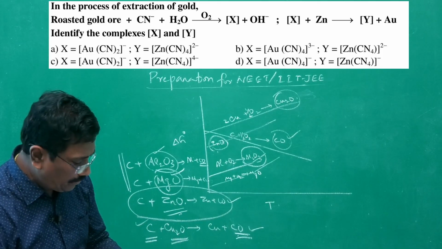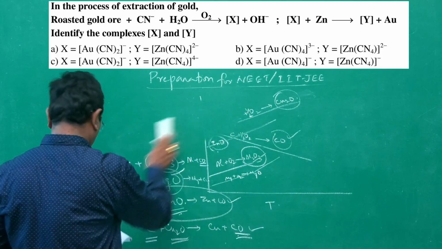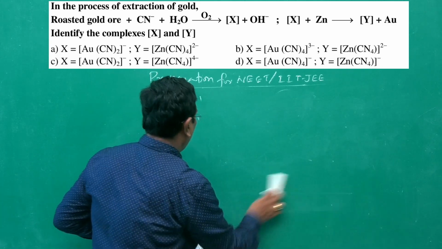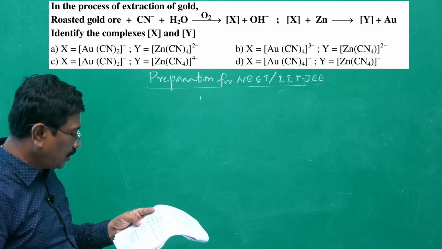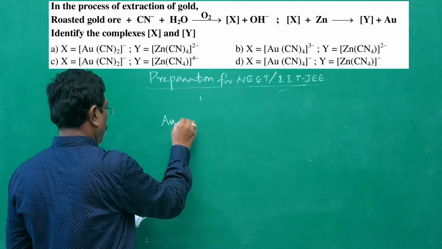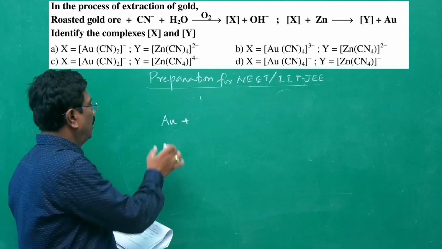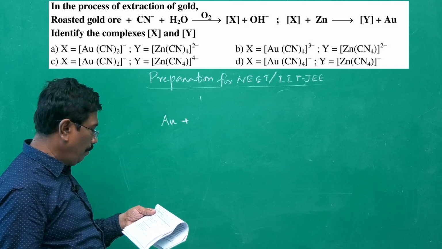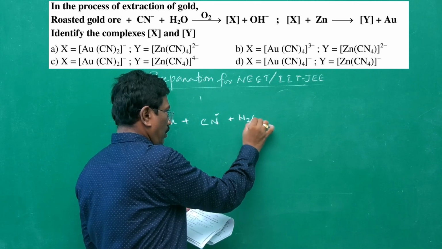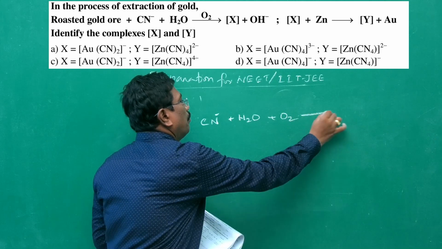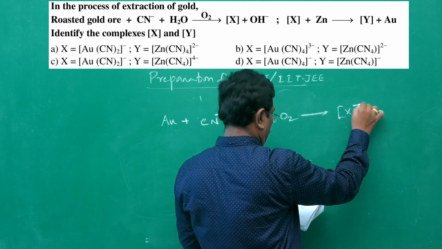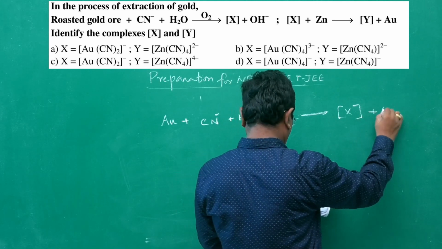And then, in the process of extraction of gold, roasted gold ore plus cyanide ion, gold mostly exists individually, not in the combined form, CN minus plus H2O, in the presence of oxygen is given, above the arrow, which gives X, compound X plus OH minus.